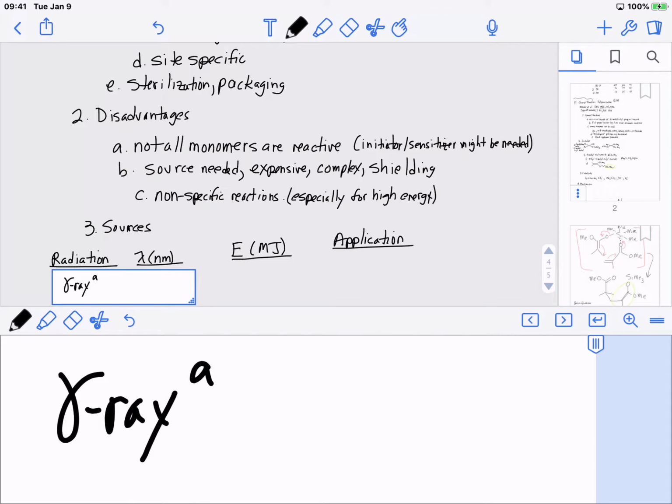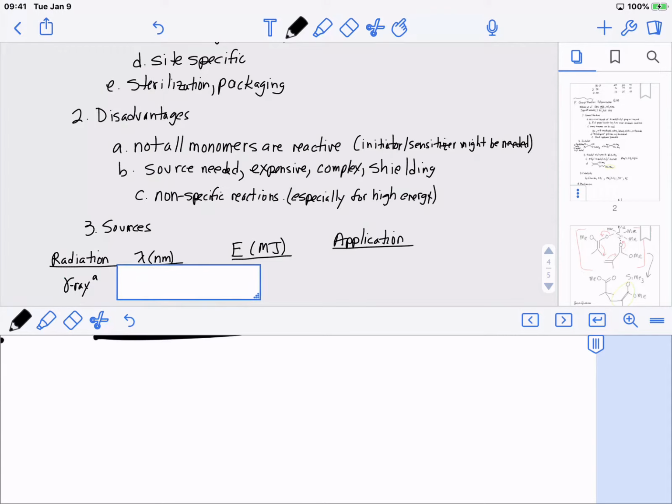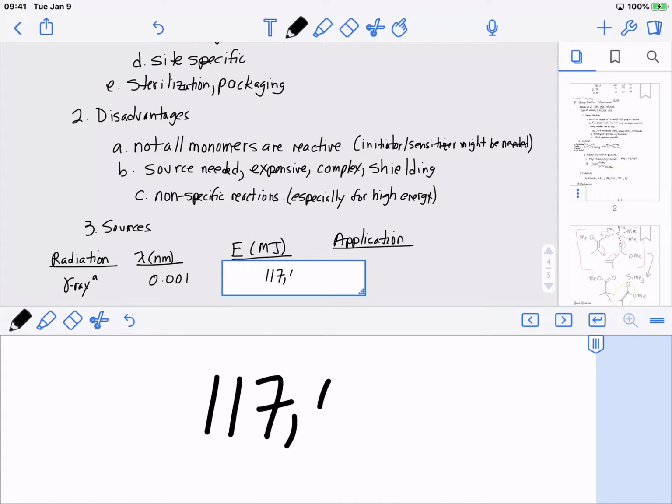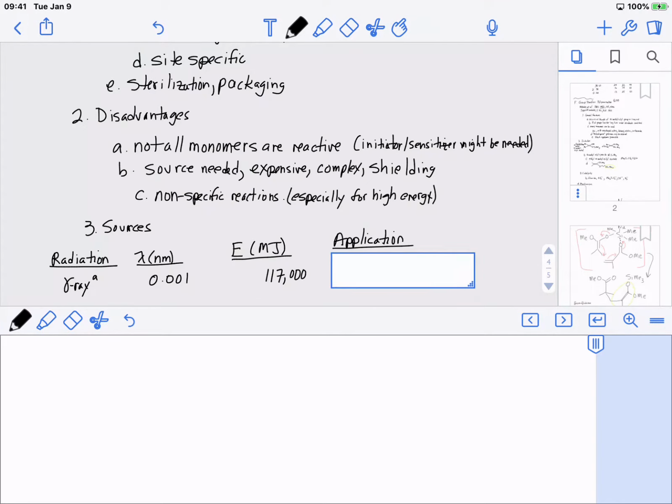But if you've got gamma ray radiation, the wavelengths here are on the order of 0.001 nanometers. So the energy in megajoules is on the order of 117,000 megajoules. Huge energy. You can do polymerization with these.